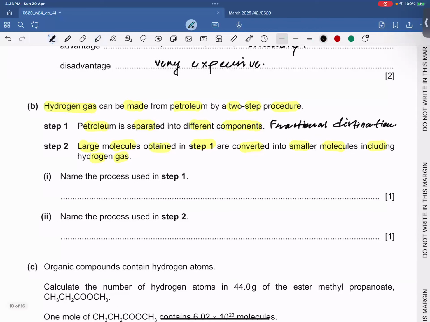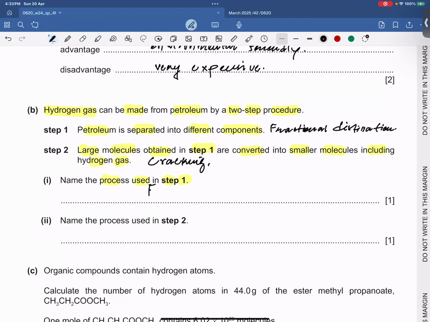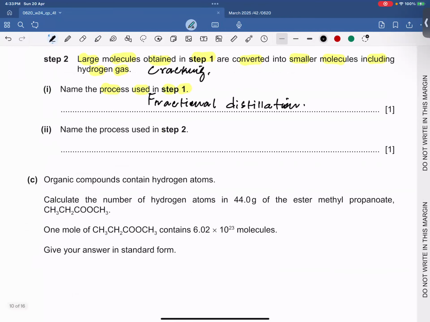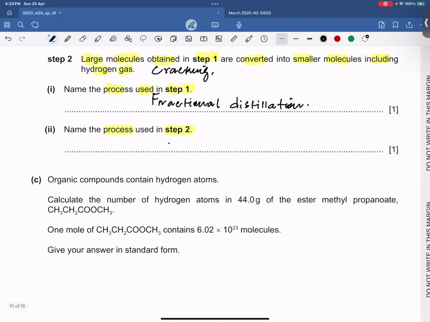That's cracking. Name the process used in step 1: fractional distillation. Name the process used in step 2: cracking.